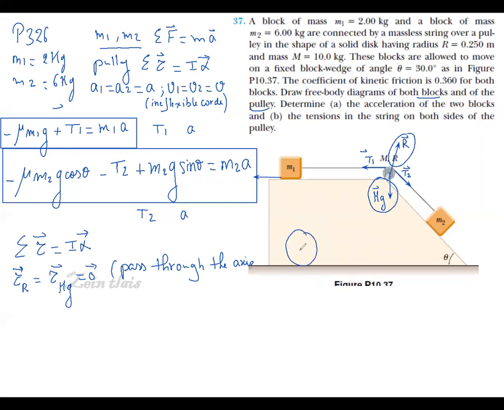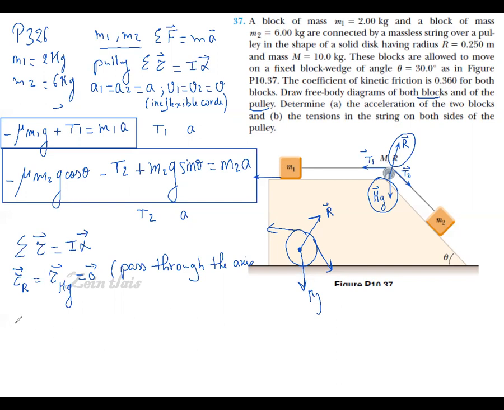Here we have the axis, here we have T1, here we have T2, and here we have mg and the reaction. So this one and this one pass through the axis. They don't have tau.